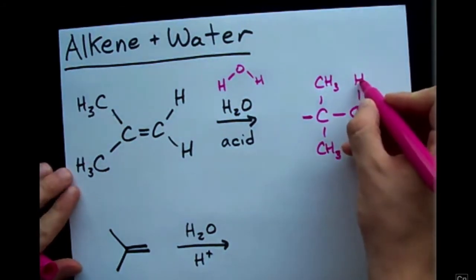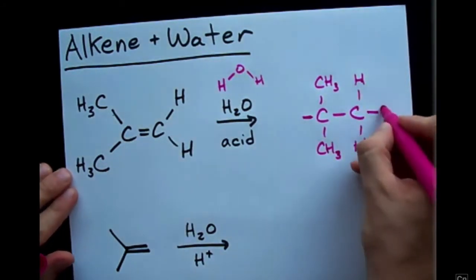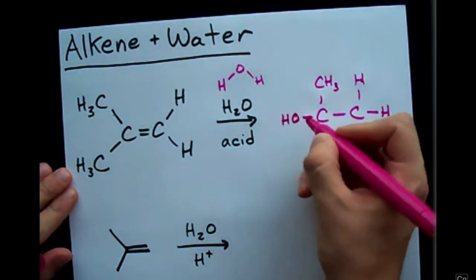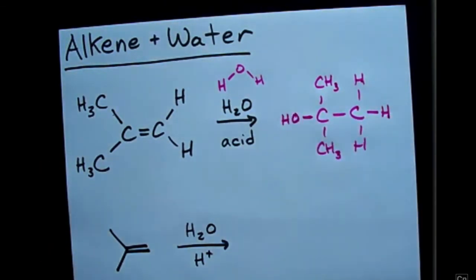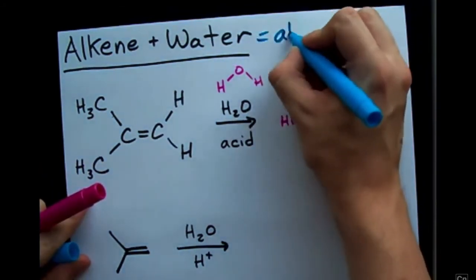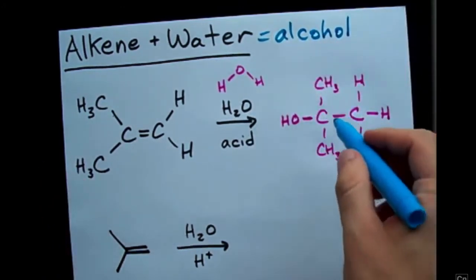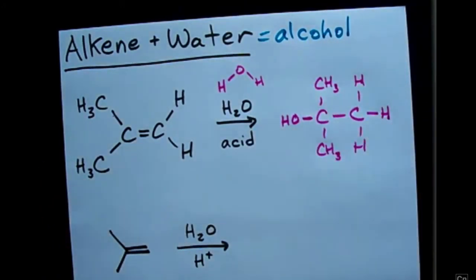The carbon that has the most H's on it gets the H in this reaction, and the OH attaches to the other one. You end up with an alcohol. And actually the alcohol we've come up with here is, I guess I don't know. I don't want to have to name it right now.